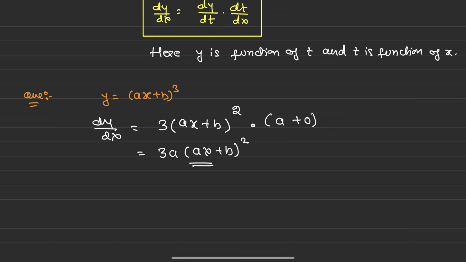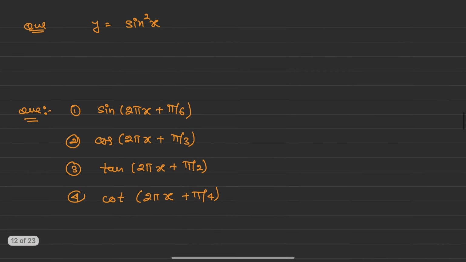Now let's continue with some more questions so that you can get comfortable with this part. Let us say we have sine square x. You will say, sir, I know about the derivative of sine x, but here we have sine to the power 2. So I can do one thing. I will consider sine x as something. So dy by dx will become 2 into something to the power 2 minus 1, which becomes 1.